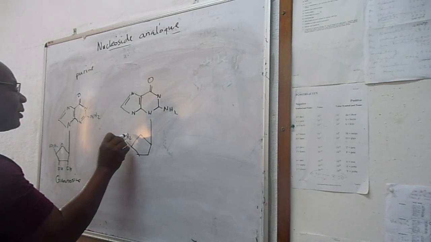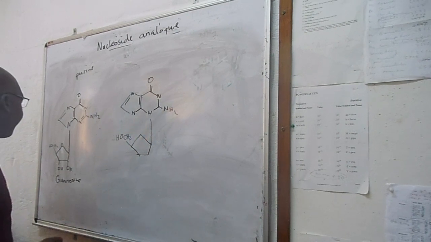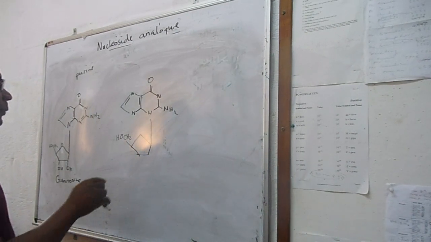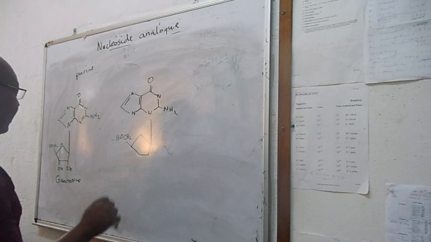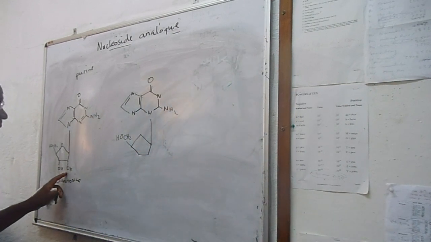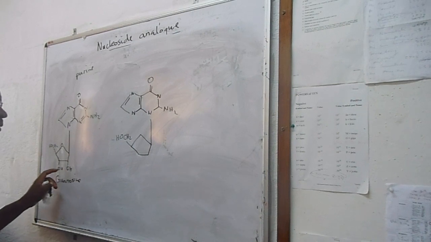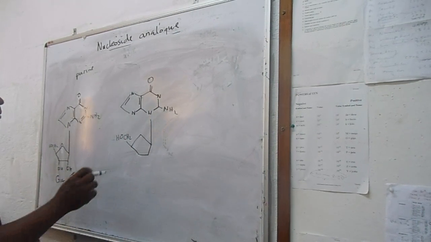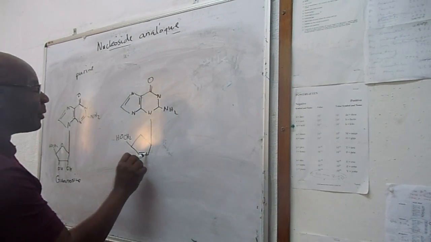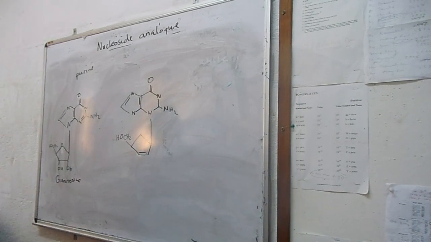The terminal CH2 hydroxide, and then remove the hydroxide, remove the oxygens. Then the resultant hydrogens, remove them. So then it means we have to create a double bond here.